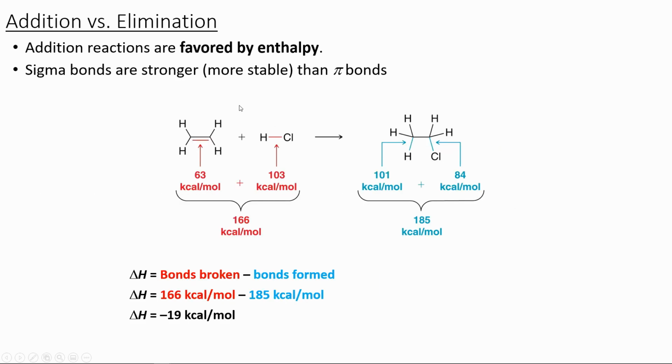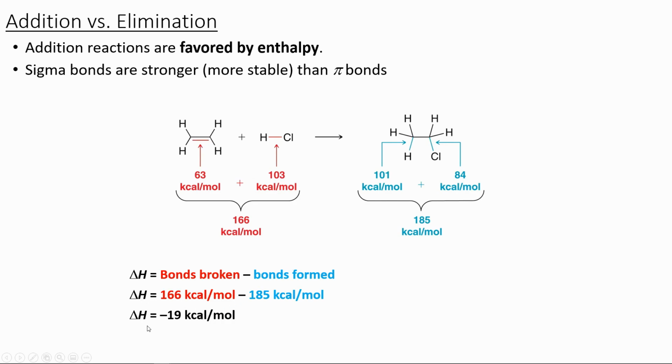In an addition reaction, we're going to be breaking one pi bond and one sigma bond, and we're going to be forming two sigma bonds. Now, sigma bonds are generally stronger and more stable than pi bonds, so overall, this is going to be enthalpy favored.